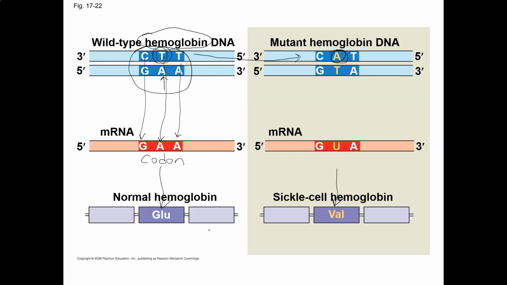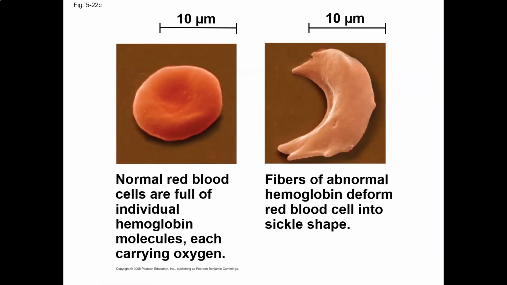It causes the protein to fold up differently, because remember when we talked about protein structure, we emphasized how the sequence of amino acids dictates how it folds up, its overall shape, and how the shape of the protein is tied to its function. So if you change the primary sequence, and in this case you will, you affect the structure and thus the function.